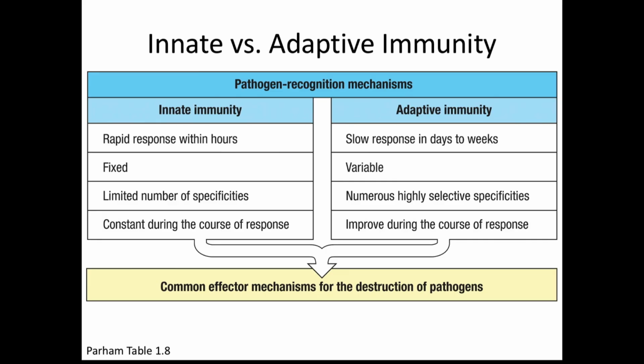Yeah, Emily. Innate relies on pattern recognition receptors, and adaptive relies on antibodies and receptors. Okay, and so we're going to say PRRs or normal receptors, sort of standard types of receptors.